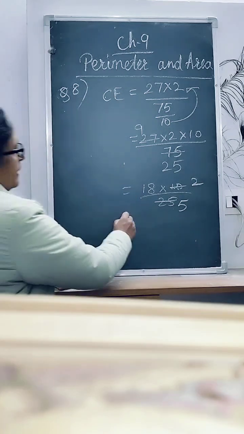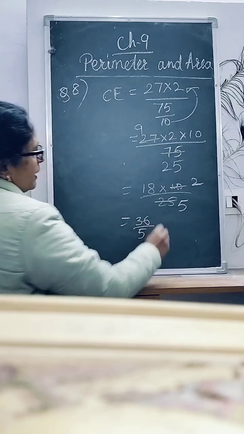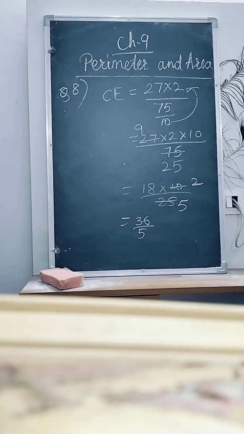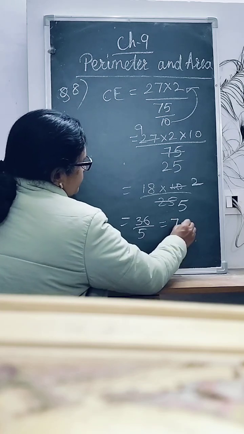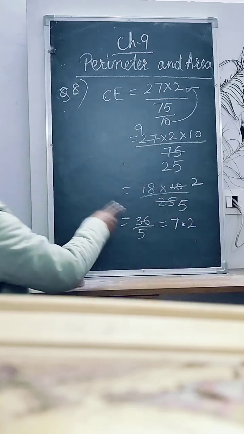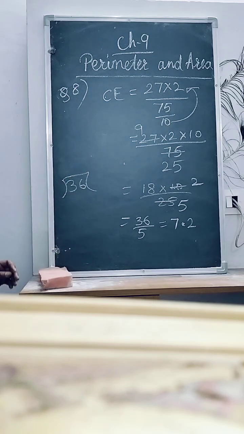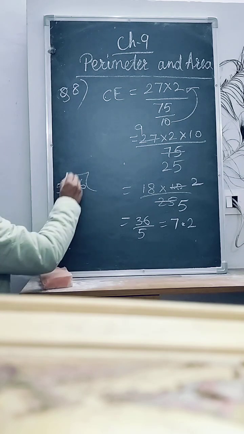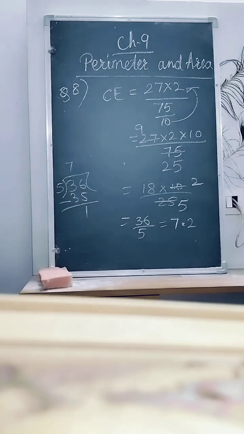Now 18 into 2 is 36 upon 5. You can use division. 5 sevens are 35, 5 twos are 10. If you are unable, you can do the division. 5 sevens are 35, and 1 remains.